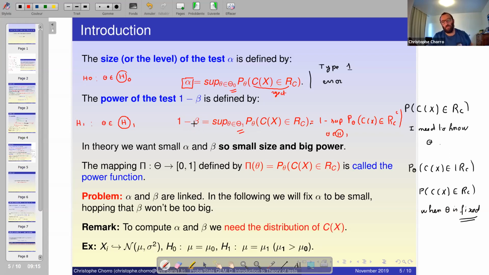And so my beta here is exactly this quantity. It is the supremum, when theta belongs to the alternative hypothesis, of the probability where I don't reject.